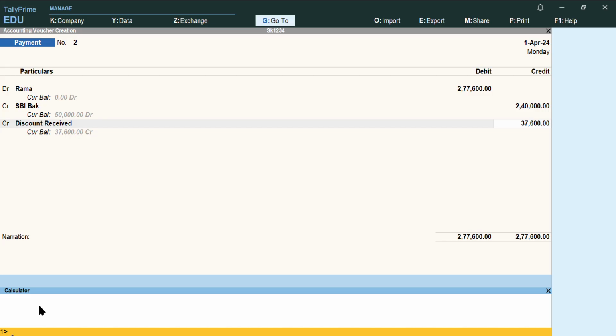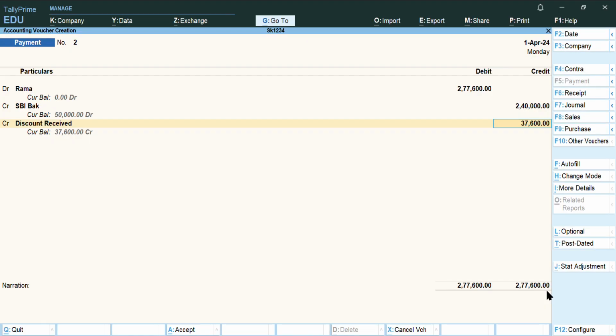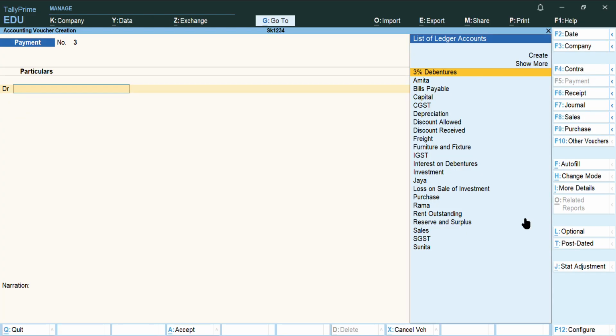So this calculator is coming here, and you can write 2,77,600 minus 2,40,000. Okay, you have entered this amount, you see, and it is giving you the difference, that is the discount. So close this window, we don't need it. Okay, we have entered the amount, so entry is accepted.